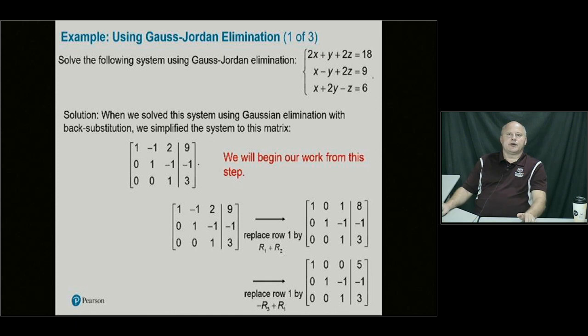Then what we're going to do is replace row 1 by multiplying row 3 by negative 1 and then adding that to row 1. If we do that, we get 0 times negative 1 is 0, add that to 1, still 1. 0 times the second element in row 3 is still 0, add that to row 1, it's still 0.